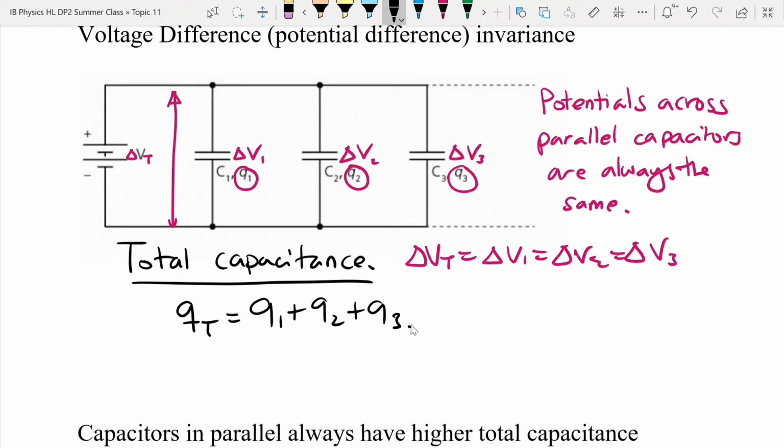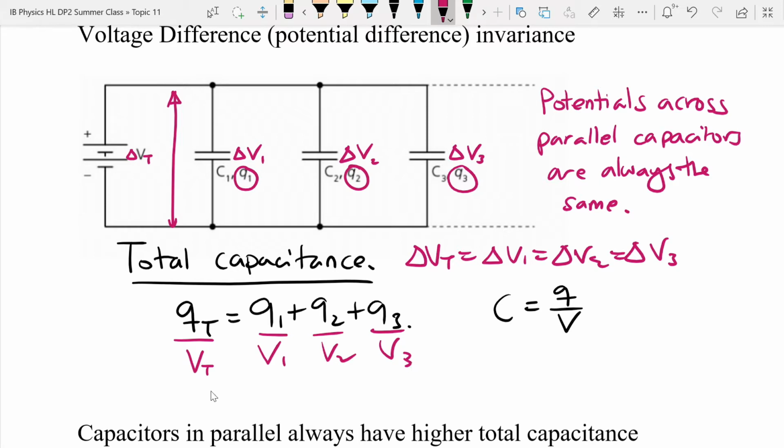And what was the equation for charge and capacitance? Capacitance is equal to the charge divided by the voltage, right? So this is going to equal whatever the total voltage is, divided by the voltage across 1, the voltage across 2, the voltage across the third one.